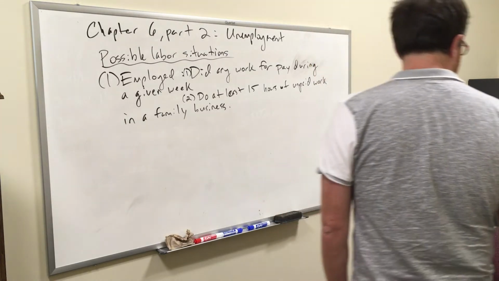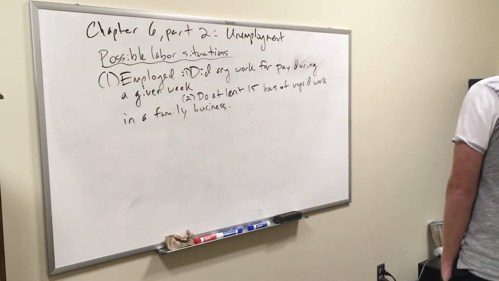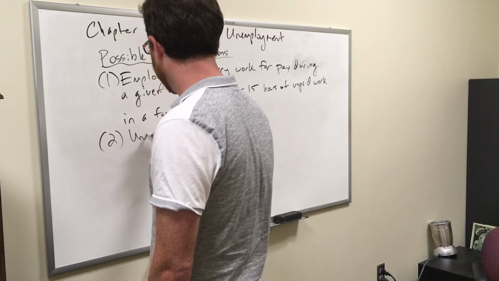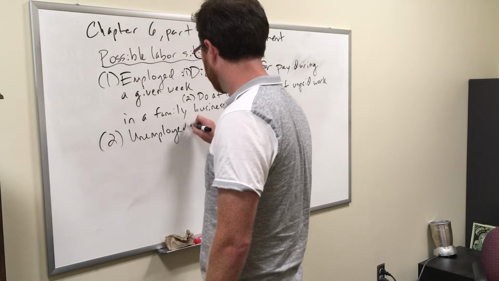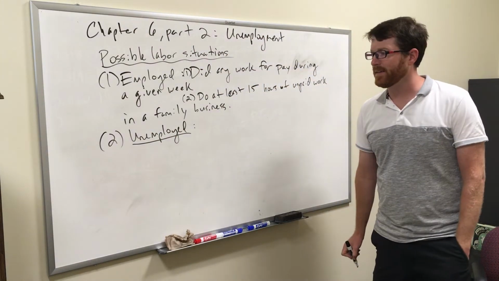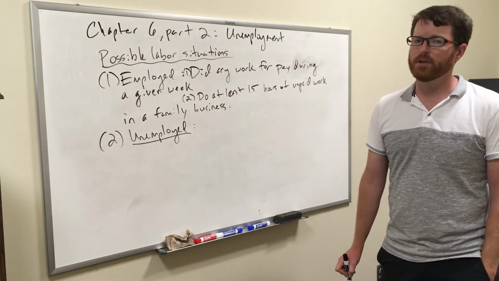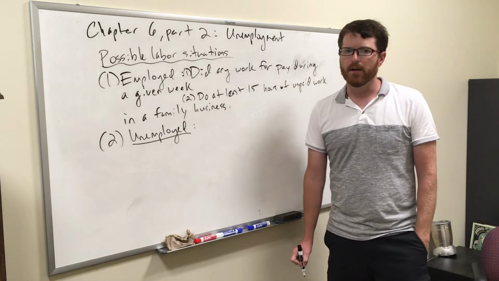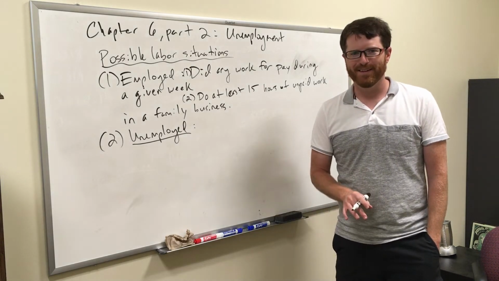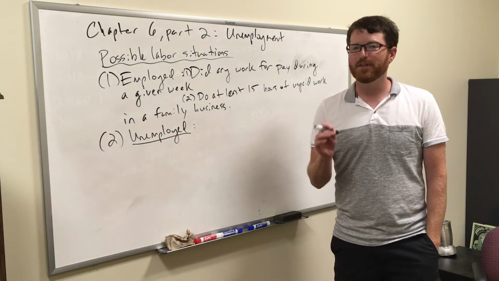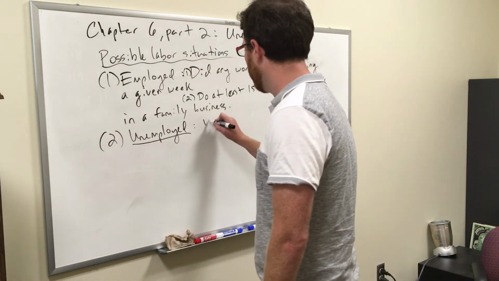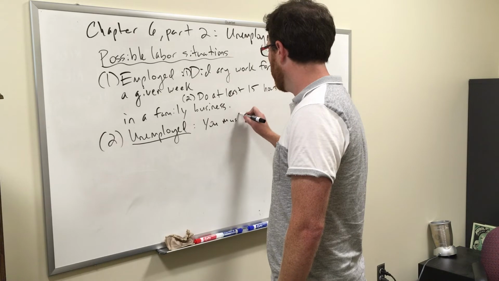Other things you can be considered. You can be unemployed. And that basically means that you are not employed, but it means more than just that. So for example, I have a 2-year-old daughter. She's not unemployed. She doesn't have a job, but she's not unemployed. So to be unemployed, you must fit the following criteria.